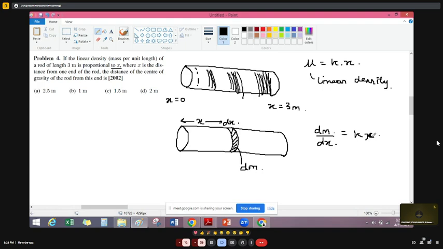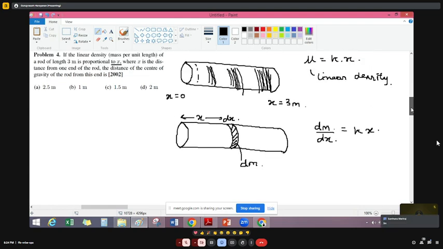Why are we doing this? Because if I want to rewrite this formula, which we studied as M RCM is equal to M1 R1 plus M2 R2 plus M3 R3, this will keep on going. So I have to calculate for each small region and then multiply it by the distance. So we use integration here.